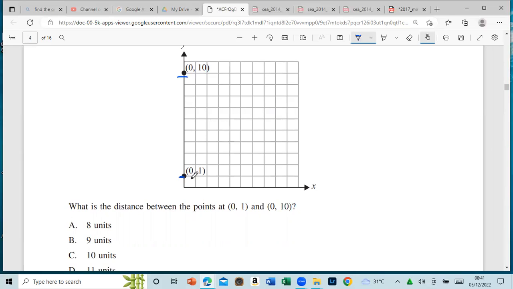So all we have to do now is basically just count. From here to here is 1, 2, 3, 4, 5, 6, 7, 8, 9. So that would be 9 units.